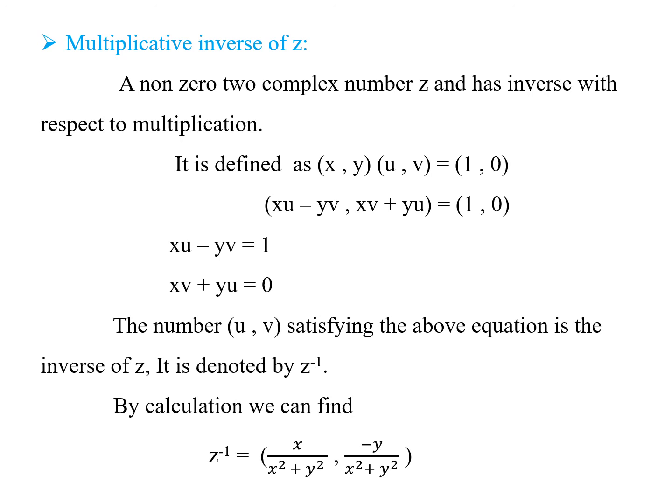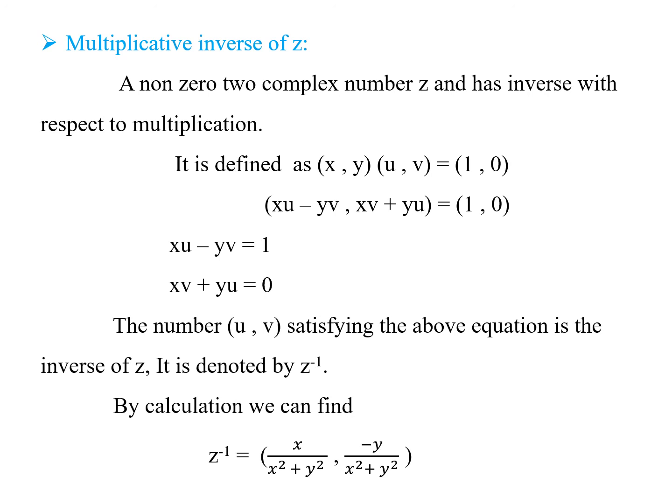Multiplicative inverse of z. A non-zero complex number z has an inverse with respect to multiplication, defined as (x, y) times (u, v) equals (1, 0), or (u, v) times (x, y) also equals (1, 0). By using the multiplication of two complex numbers, we get (xu minus yv, xv plus yu) equals (1, 0). Equating real and imaginary parts, xu minus yv equals 1 and xv plus yu equals 0.